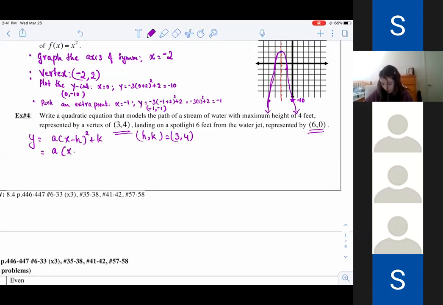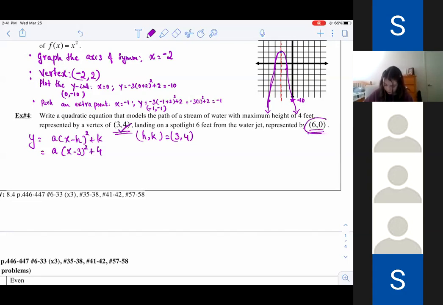But we know that h is 3 and k is 4. So we just substituted the h and k into the problem. Okay, so we used this information.